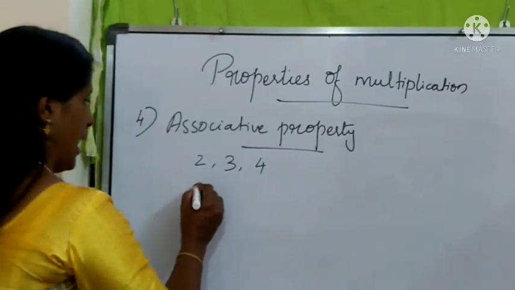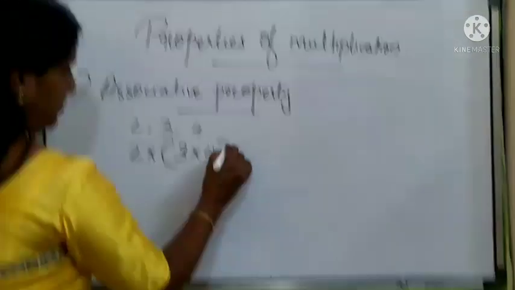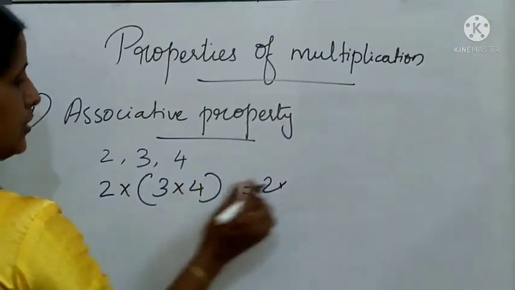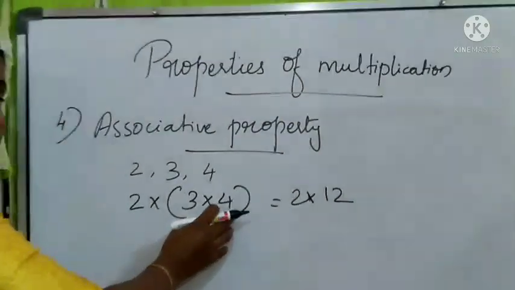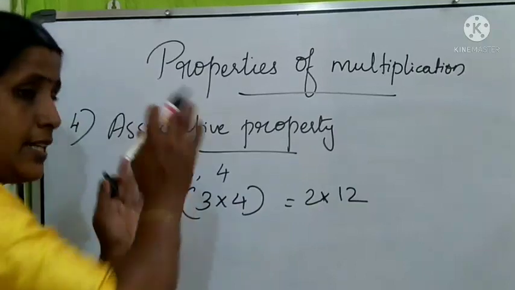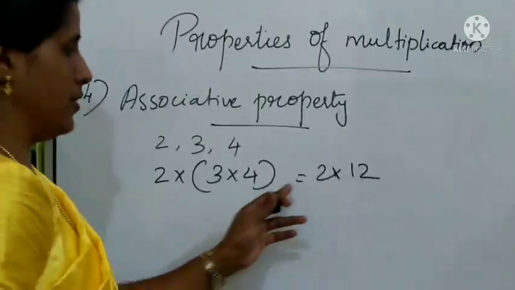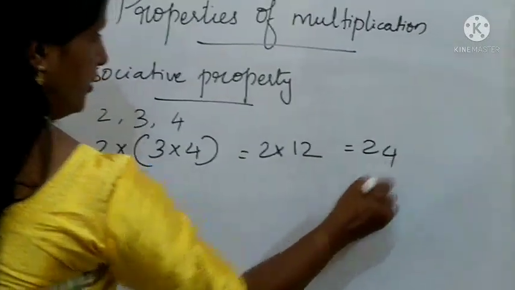First I put 2 on the outside and group 3 and 4. So 2 into (3 into 4). First we do the calculation inside the bracket. 3 4s are 12. 2 12s are 24.